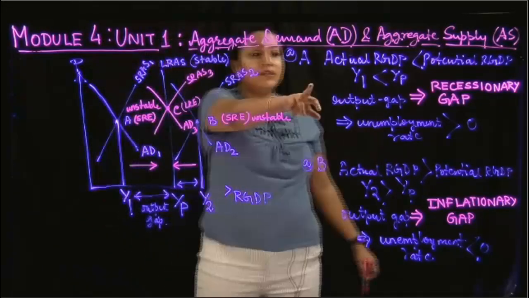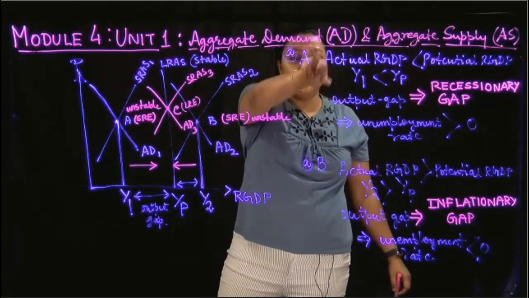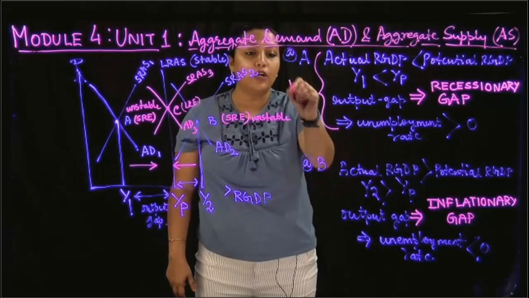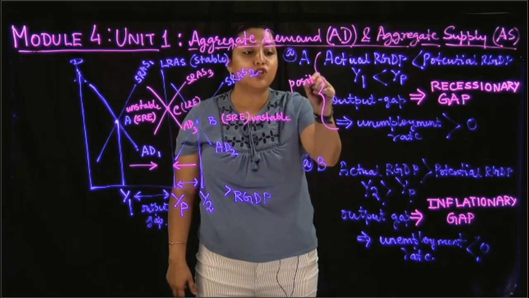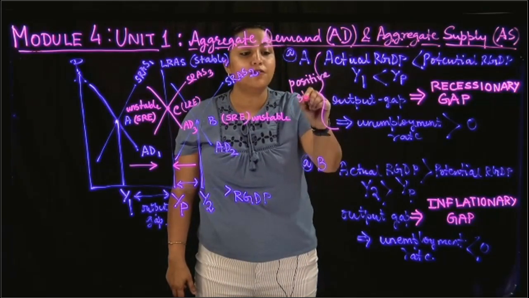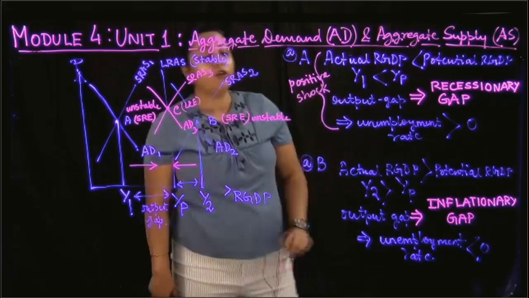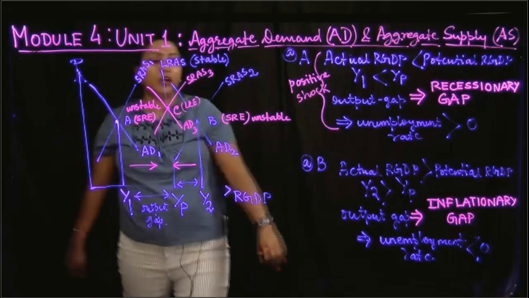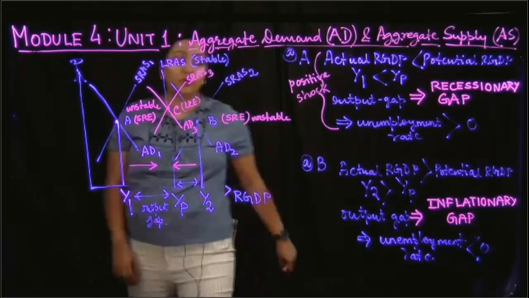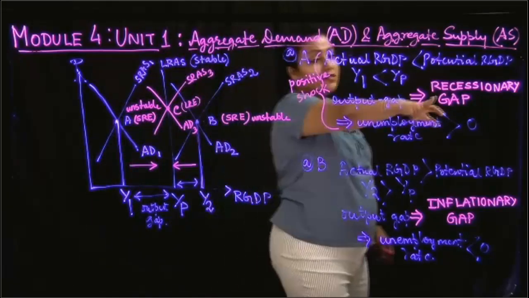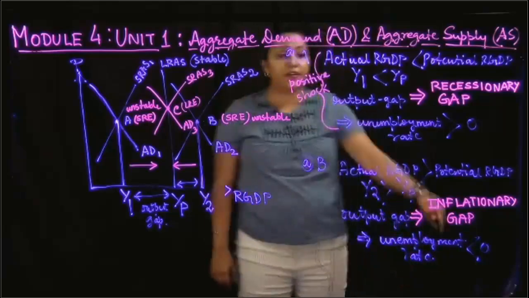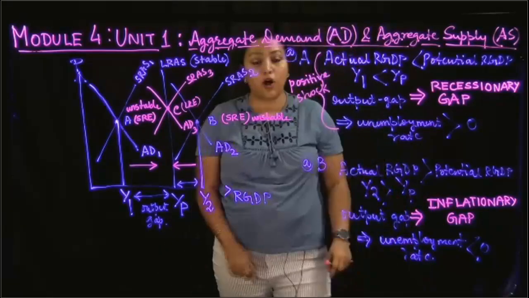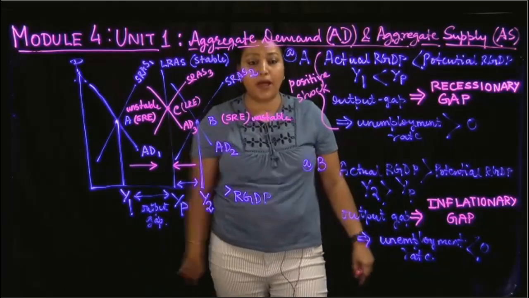So that means we can say that in this situation, if there is a recessionary gap, then your economy needs a positive shock, either a positive demand shock or a positive supply shock. That is necessary for the economy to go from a short run equilibrium to a long run equilibrium when there is a recessionary gap. So a recessionary gap can be removed by a positive shock, either supply or demand.